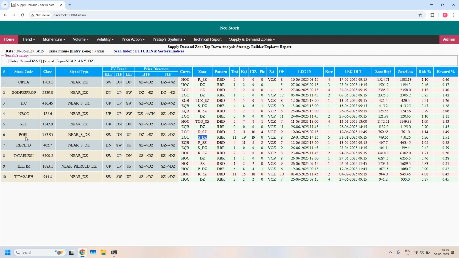Next, PEGL is having a daily, 75 minutes high liquidity demand zone. Next, REC Limited is having 75 minutes high liquidity demand zone. That's it. We got 2 75 minutes high liquidity demand zones from this list.